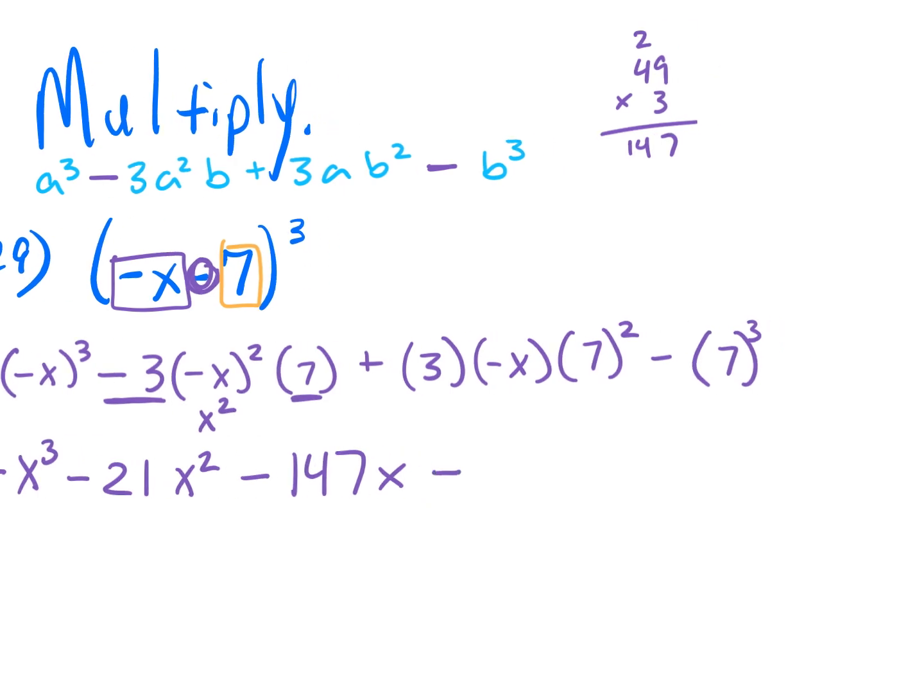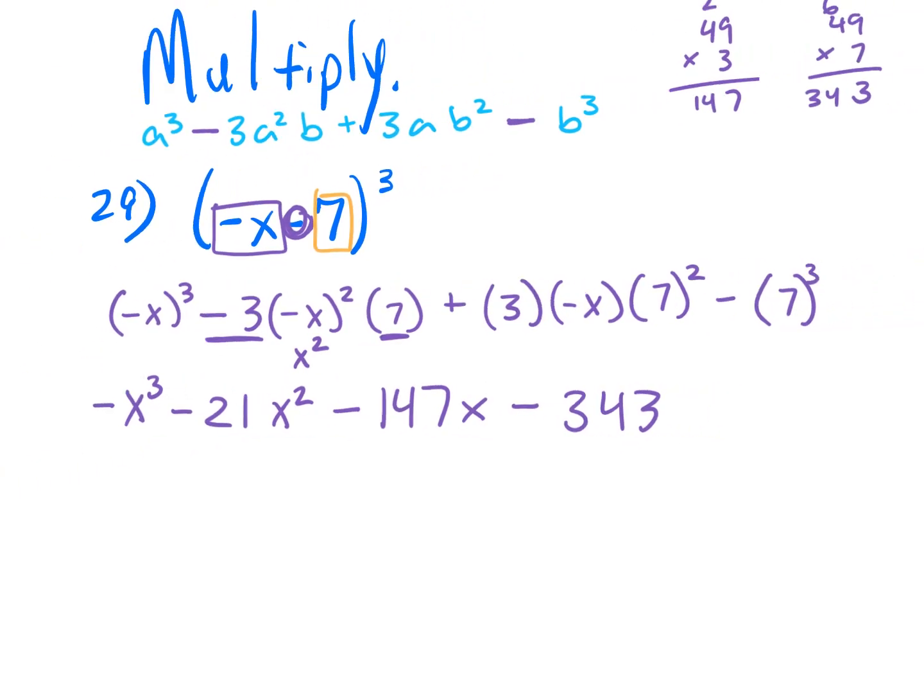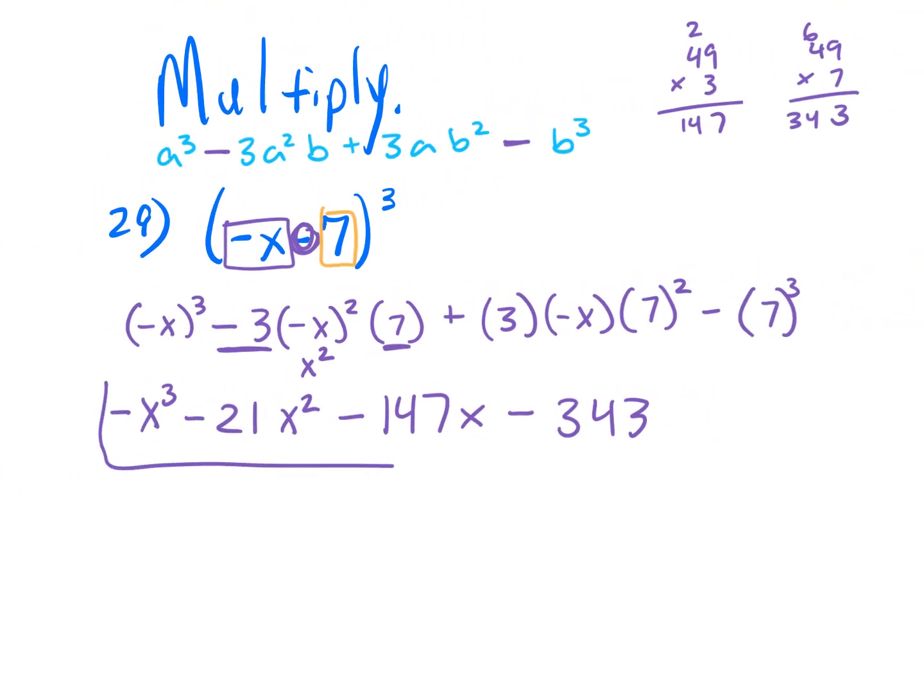And then minus 7 to the third power would be 49 times 7. 7 times 9 is 63. 4 times 7 is 28, plus 6 would be 34, 343. So this would be our final answer. Any questions here?